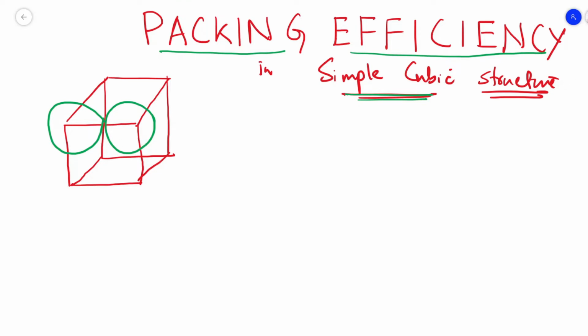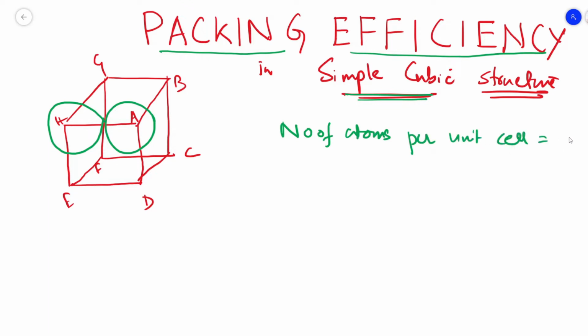Now I give the name of the unit cell, that is A, B, C, D, E, F, G, H. As it is a simple cubic unit cell, the number of atoms per unit cell is equal to 1.